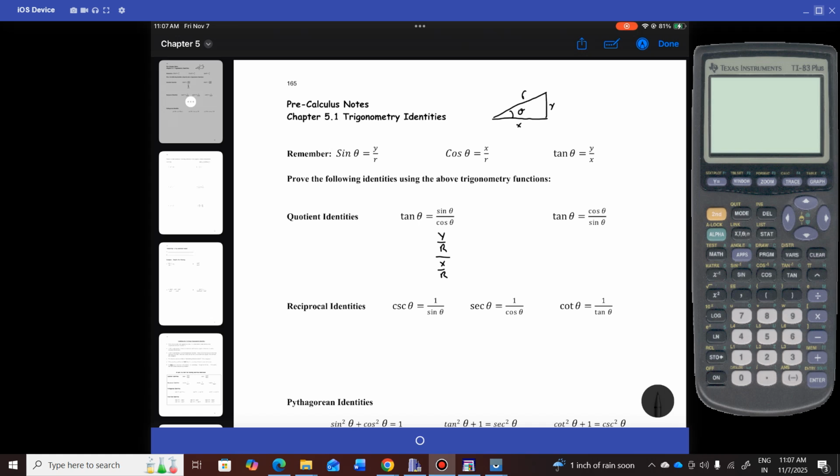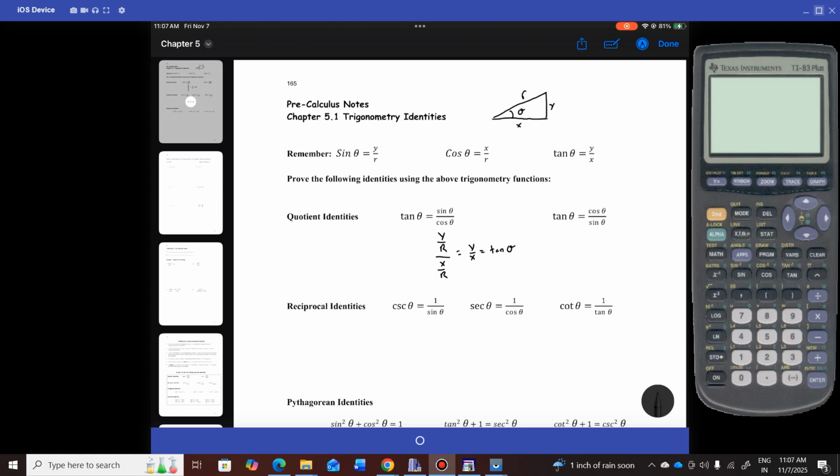And so the r's cancel out, and we get y over x, which is tangent theta. And so we made one. We went from one side and moved it all the way over to equal the other side.